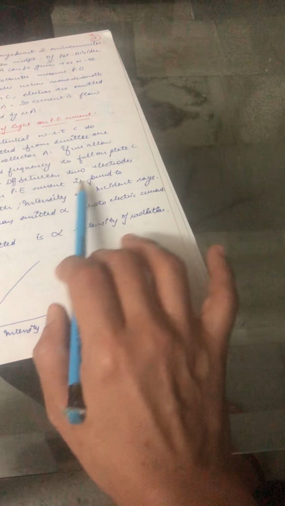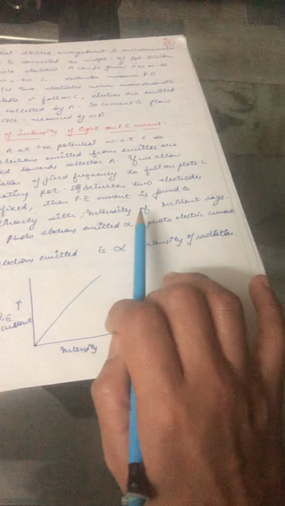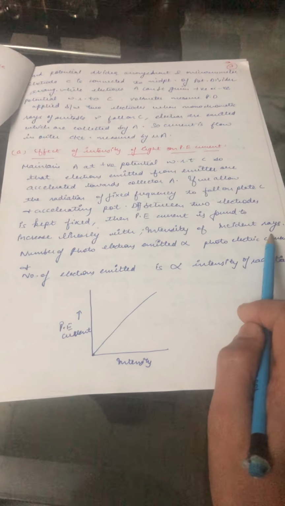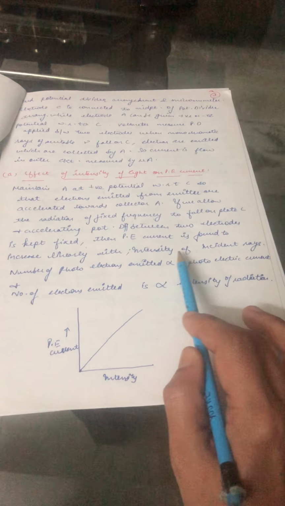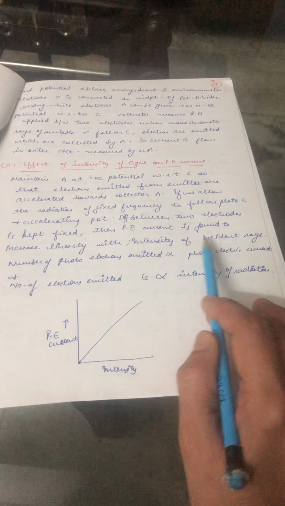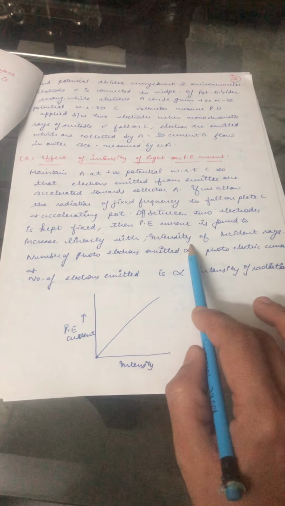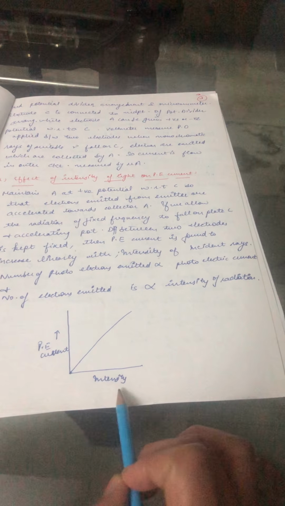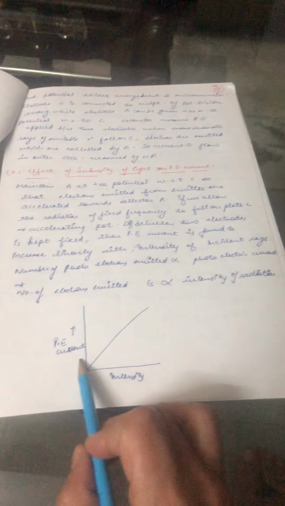Then what will happen? The photoelectric current is found to increase linearly with the intensity of the incident ray. As we keep on increasing the intensity, we observe that the photoelectric current also increases. Hence we obtain this type of straight line graph between intensity and photoelectric current.